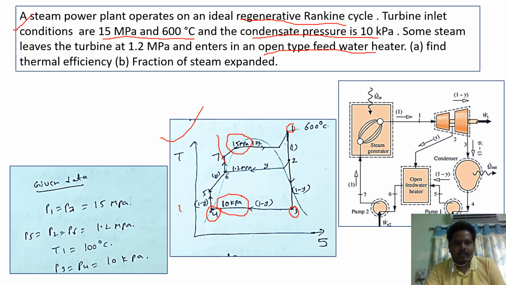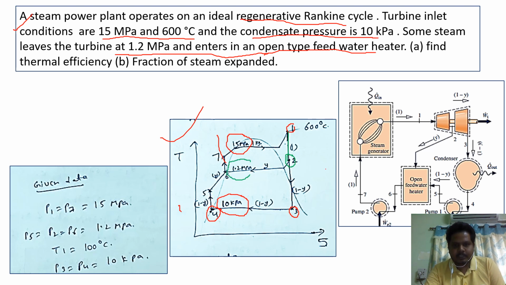Some steam leaves the turbine at 1.2 megapascal and enters an open type feed water heater, which means, as we know in the regenerative Rankine cycle, after passing through the high pressure turbine in process 1 to 2, at point 2 some fraction of steam is extracted.